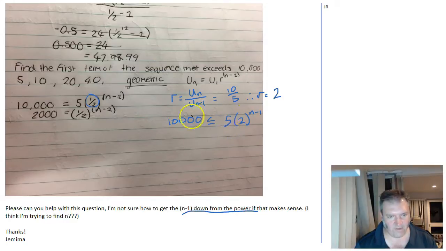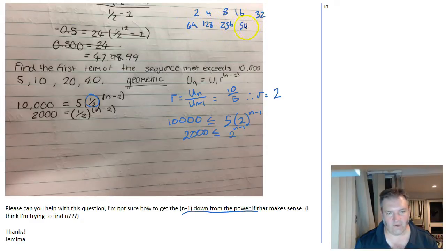So the first thing I'm going to do with this equation is divide by 5, and I've got 2,000 is less than or equal to 2 to the power of n minus 1. Well, if I know my powers of 2, 2, 4, 8, 16, 32, 64, 128, 256, 512, 1024, 2048.